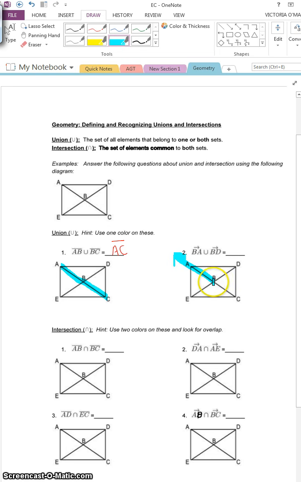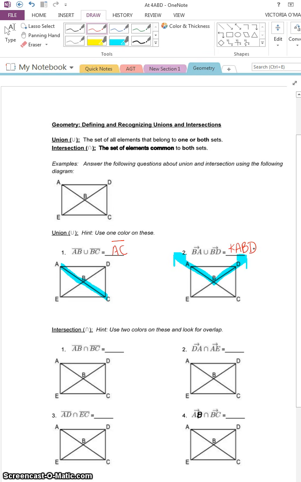That starts at point B and goes towards point D and infinitely far in that direction. Now if I look at what I've created with this highlight, it's actually an angle, and the angle we would name that angle ABD. You could also have named it angle DBA. So that's union. You take the two pieces, you join them together, and you see what you've got at the end.